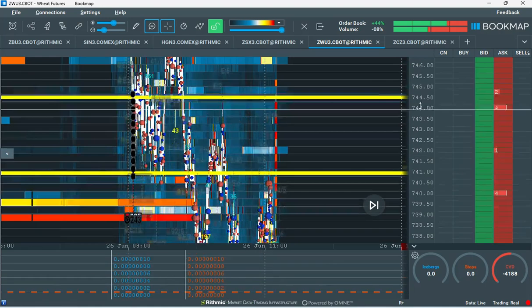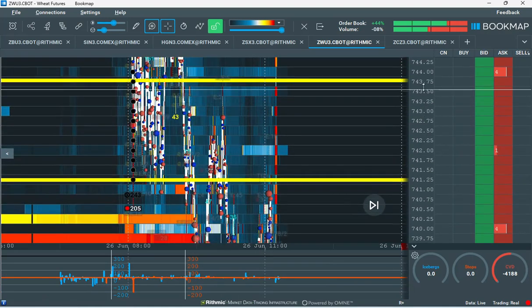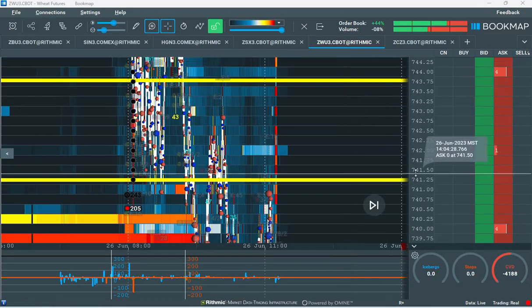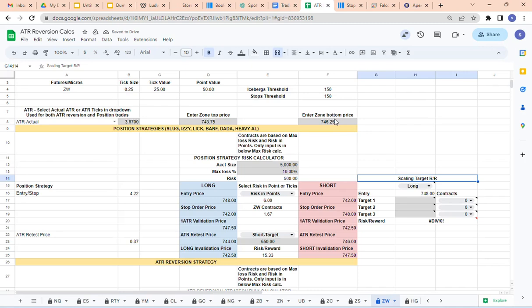So let's just put that zone in first and foremost. 743.75 is the top of the zone. And the bottom of the zone is 741.25.